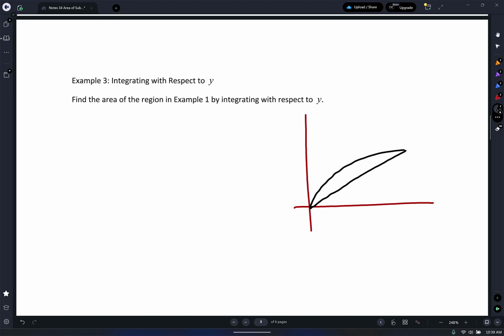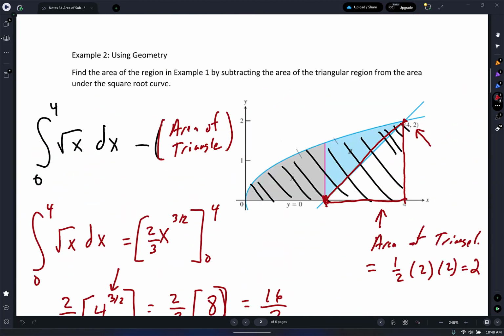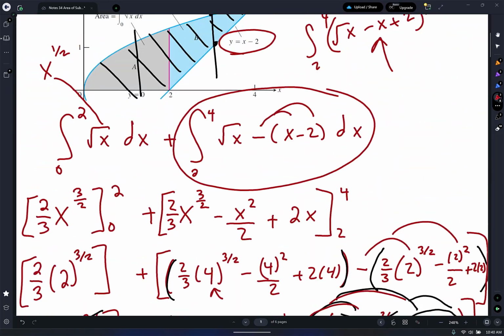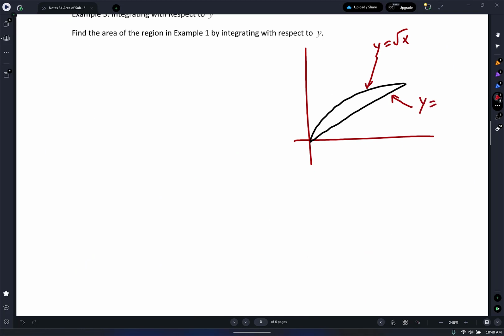I apologize. This equation here is y equals the square root of x. The bottom line is y equals x minus 2. So do that first. I want to find this area.